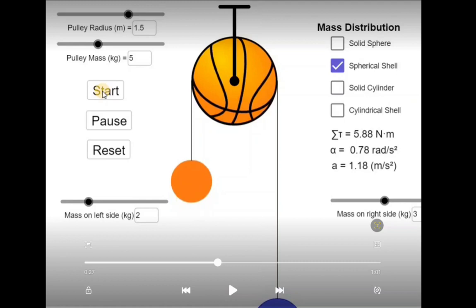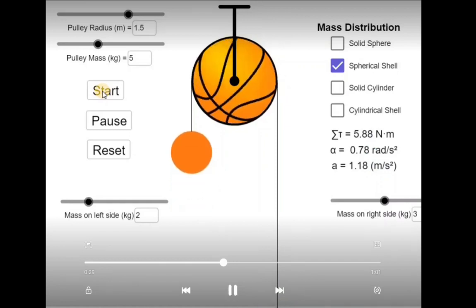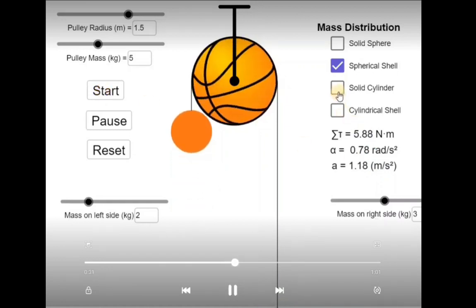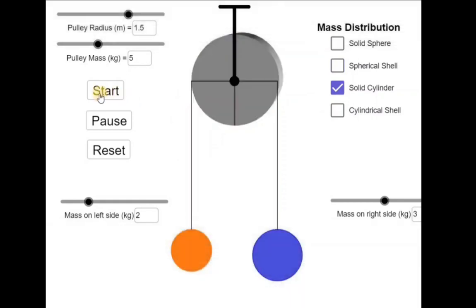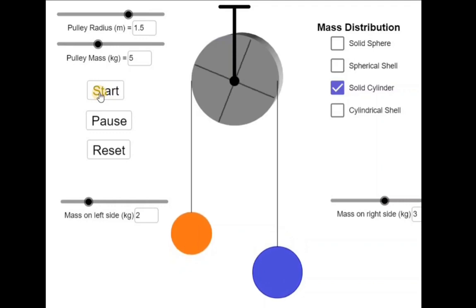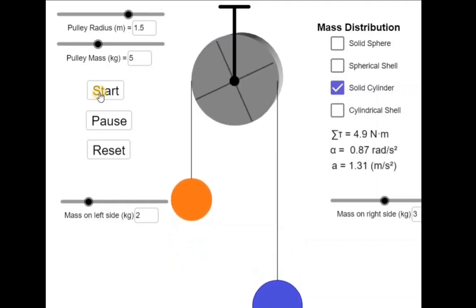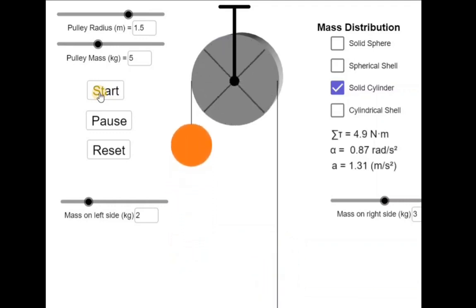Now for the spherical shell, the net torque is equal to 5.88, alpha is equal to 0.78, and a is equal to 1.18. And remember, all these parameters depend on the moment of inertia. Now this is for a solid cylinder. And this is for a cylindrical shell.